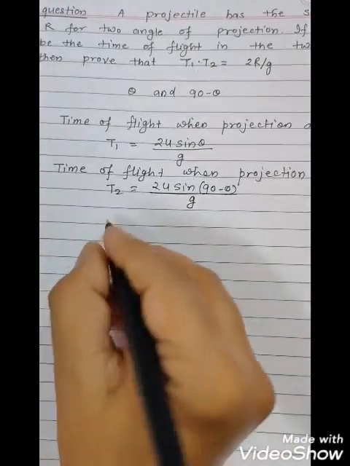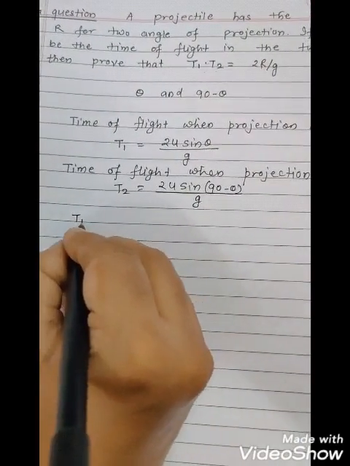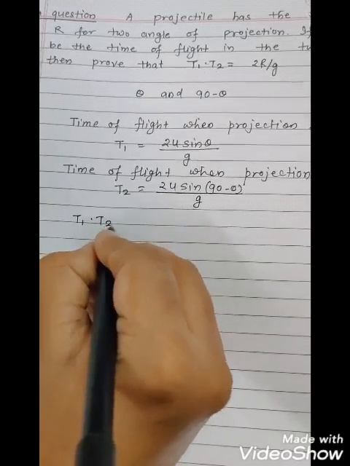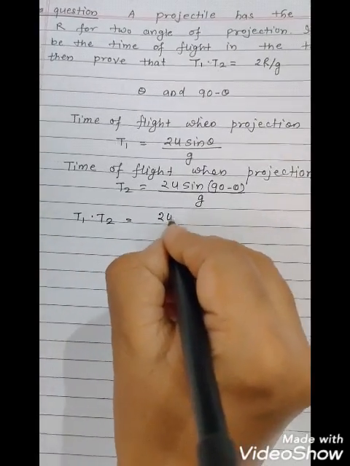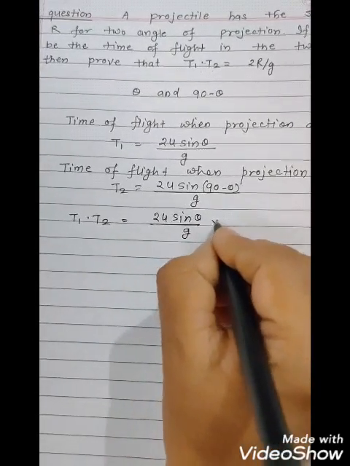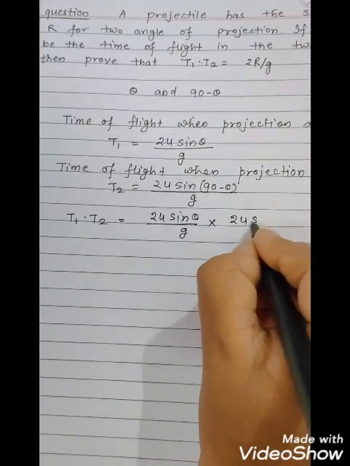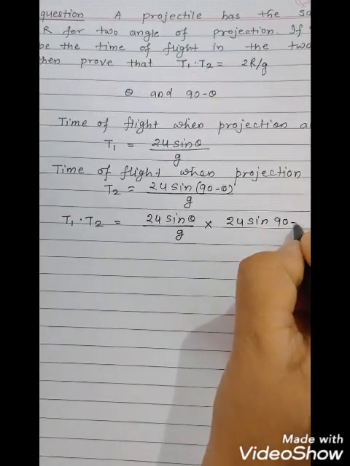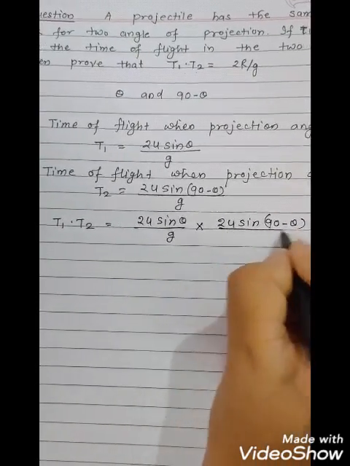Okay, so we'll multiply T1 by T2. We'll get 2u sin θ upon g multiplied with 2u sin(90 minus θ) upon g.